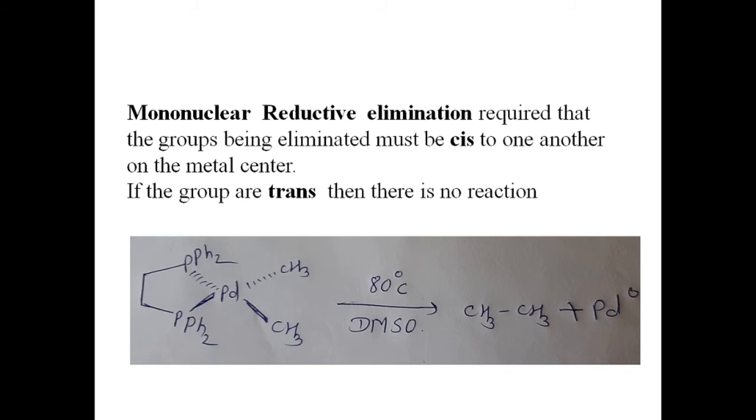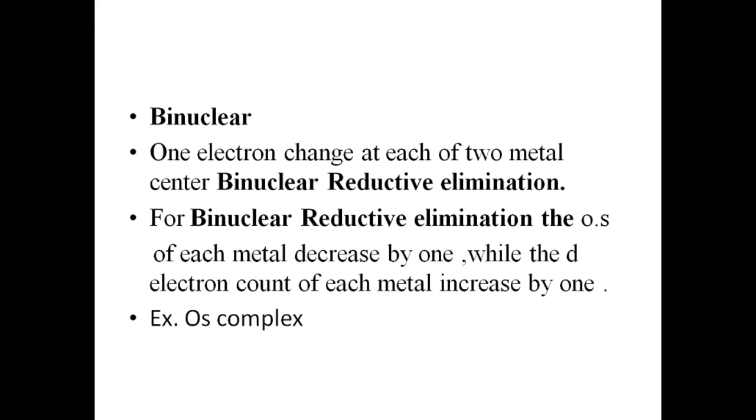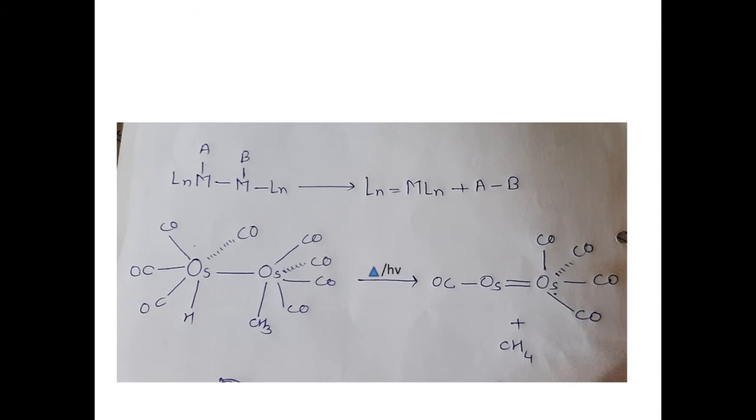Now move towards binuclear reductive elimination. See here, this is a general example of binuclear reductive elimination. In binuclear reductive elimination, there is a one electron change at each of two metal centers. See here, two metal centers.